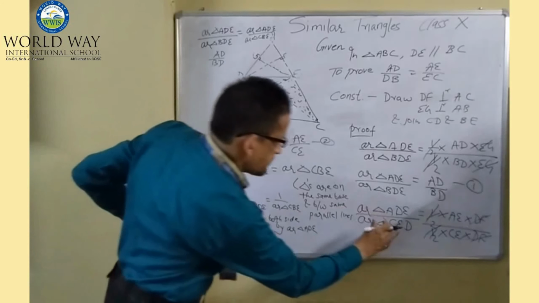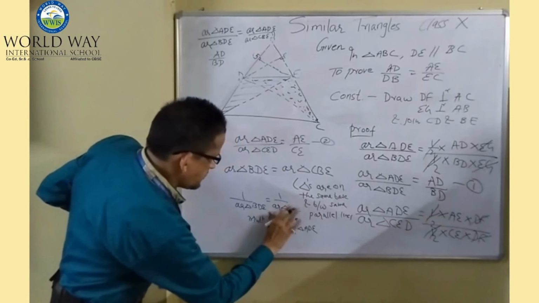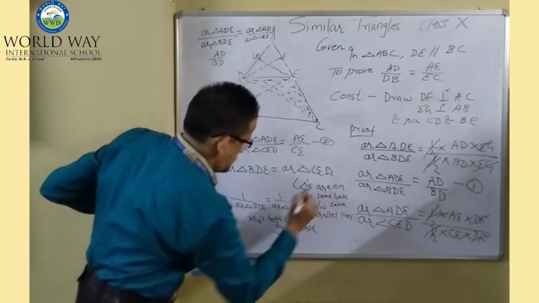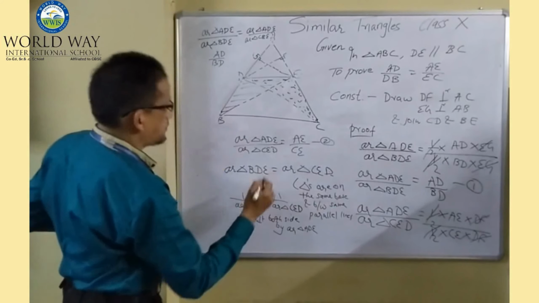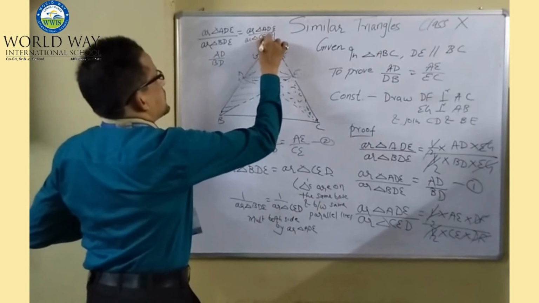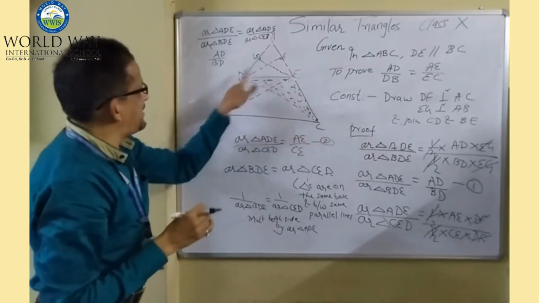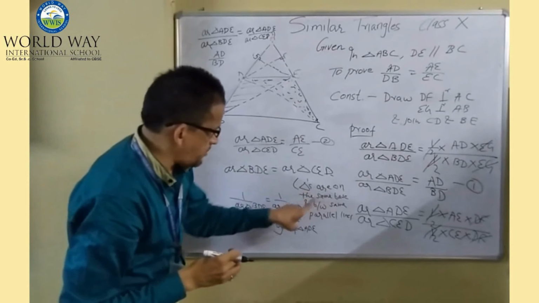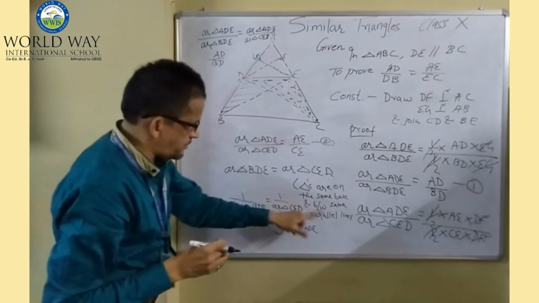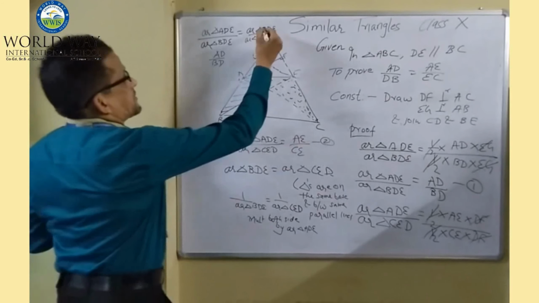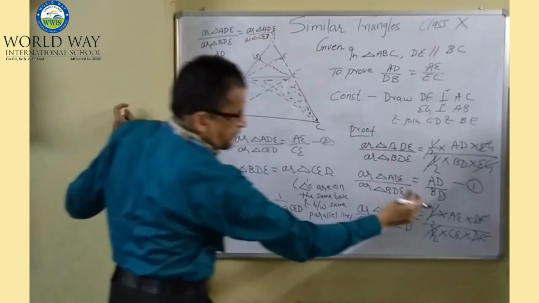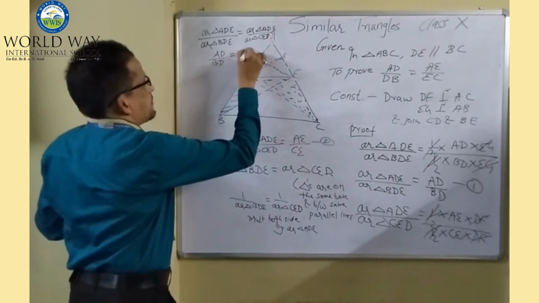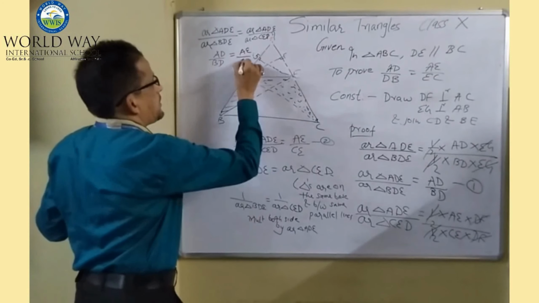Sorry, triangles BDE and CED are on the same base DE and between the same parallels. Okay? Correction done. So what is the ratio of area of triangle ADE upon area of triangle CED from the second equation? AE upon EC.